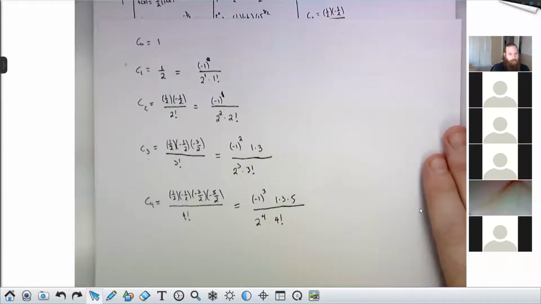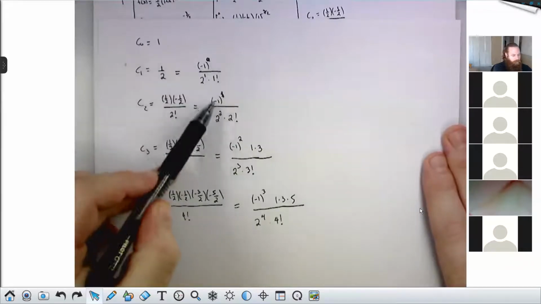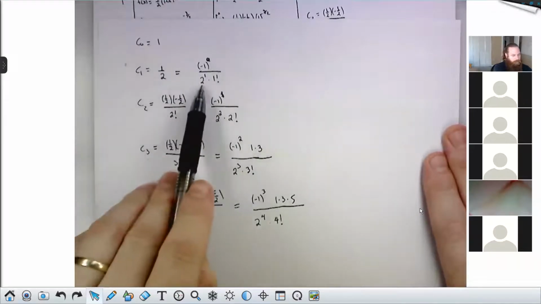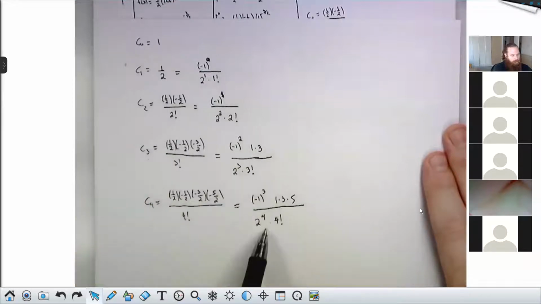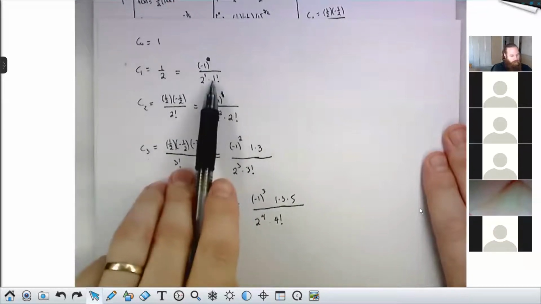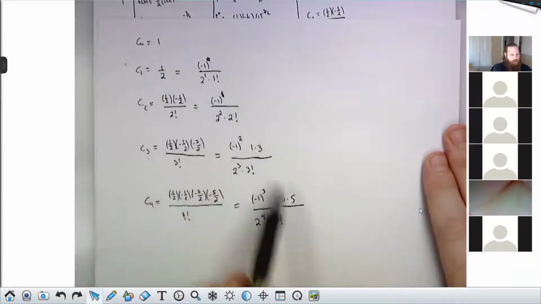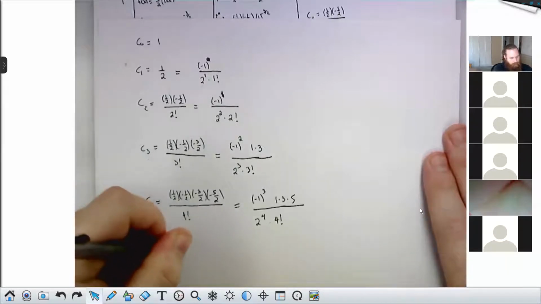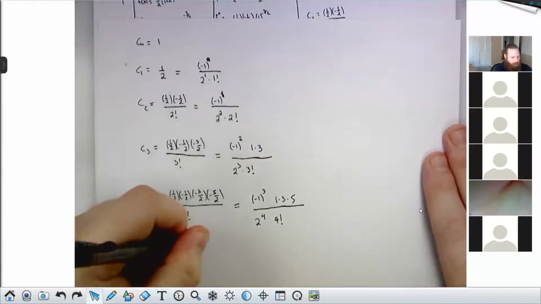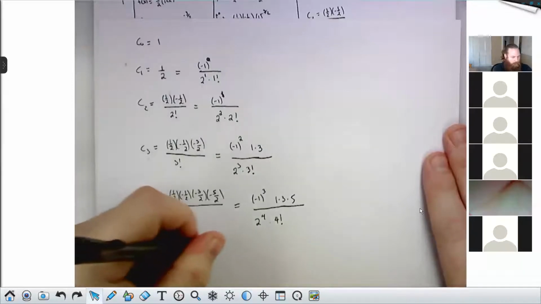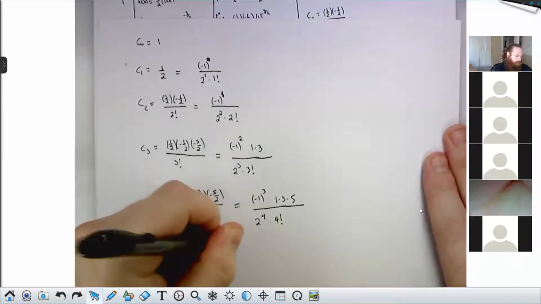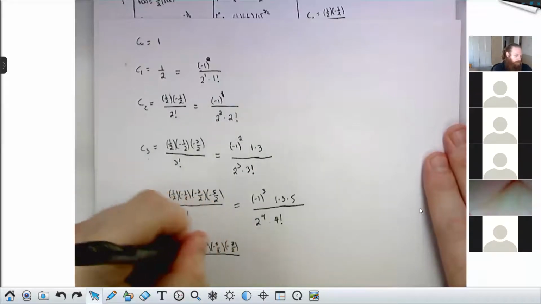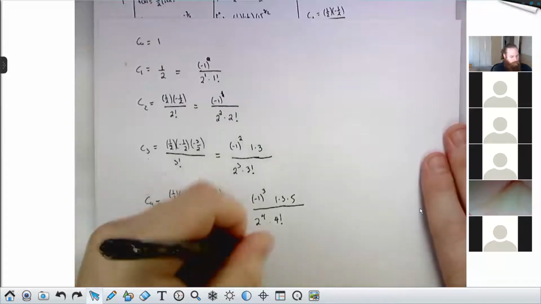And now we'll start to see the pattern. Negative 1 to the n minus 1. Downstairs, 2 to the n times n factorial. And then upstairs, this sort of weird product, 1 times 3, 1 times 3 times 5. The next term, I'll prove that this works, but then we are going to take it for granted from there.